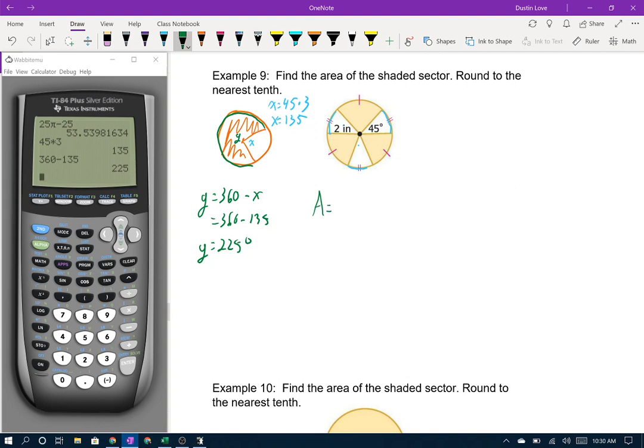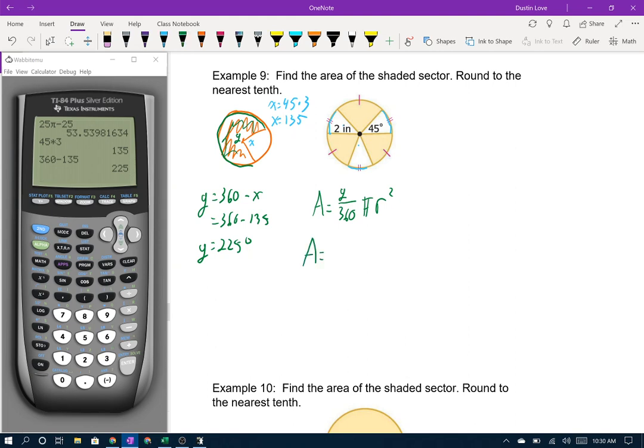So now for the area of my shaded portion, which I've marked in orange over there, it's going to be area equals, now normally that's an x, I'm going to throw a y in this because I'm talking about this shaded section over here. Oh, not equals, times pi r squared.